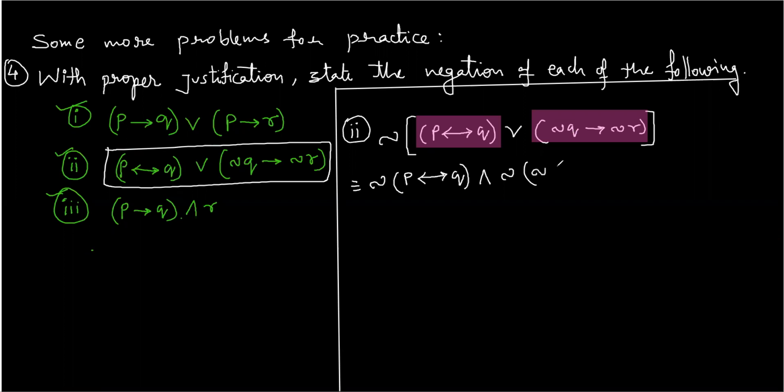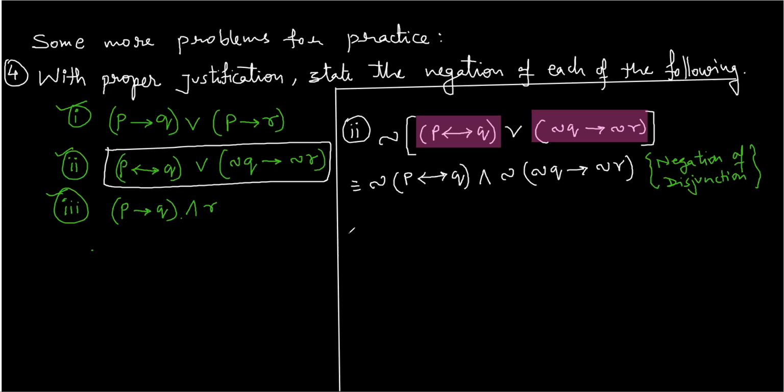Negation of negation Q implies negation R. Okay, and what is my justification here? What is the justification? The justification here I write is negation of disjunction. What did I apply? I applied negation of disjunction. Okay, this is my justification.